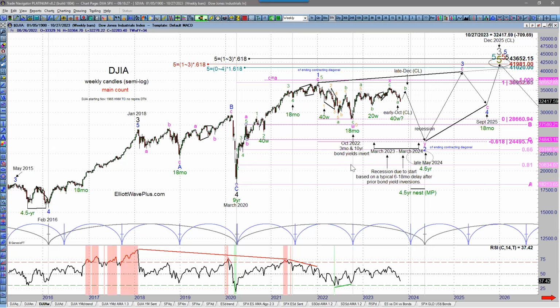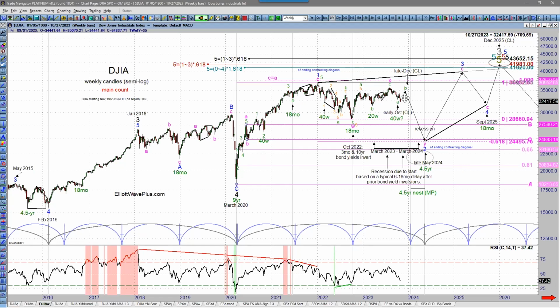One other thing that I always point out on this chart is that in October of 2022 was the first time that we got the inversion of the 3-month and 10-year bonds, where the 3-month bonds were paying a higher rate of return than the 10-year. Very rare condition. And this is something that is often in history very reliably followed by a recession with roughly a 6-month to 18-month lag.